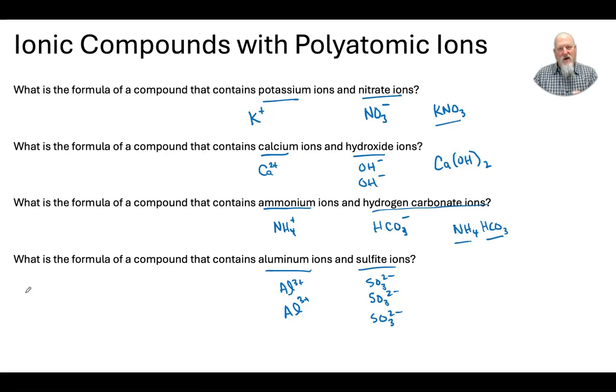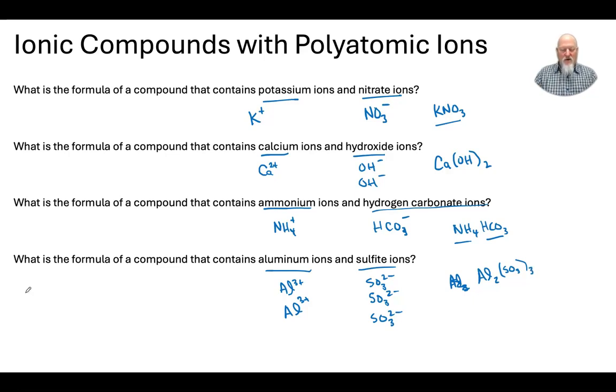So to make a compound where I've got the same number of positives and negatives, I need 2 aluminums and 3 sulfites. Since aluminum is one element by itself, I can just do the aluminum with the 2 subscripted. But for the sulfites, because they're polyatomic ions, I'm going to do parentheses, SO3, and then 3 outside.